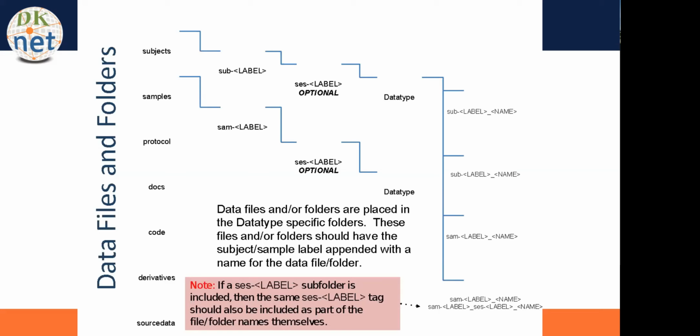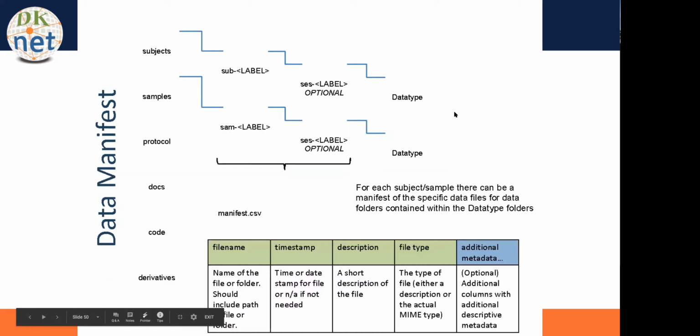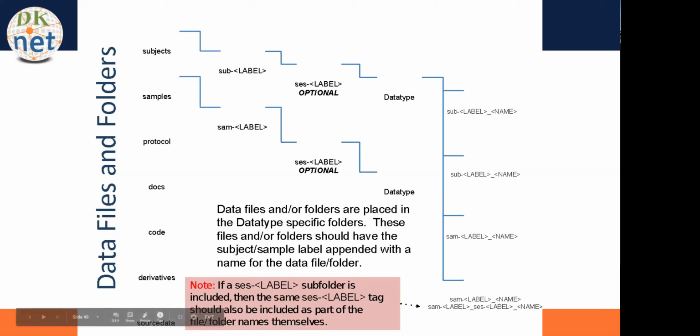And so here you could see information if you have both subjects and samples, where you have the subject and the data type folders, and then the files for each of those subjects. And one of the things that we found important, and this is also in the BIDS standard, is the subject labels in the file names and additional information, so having these more complex file names can become important.